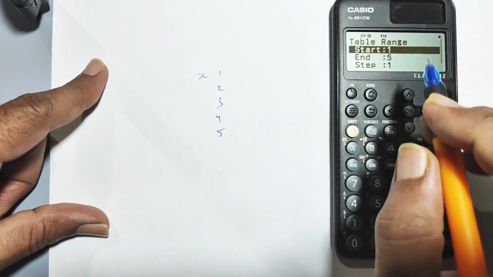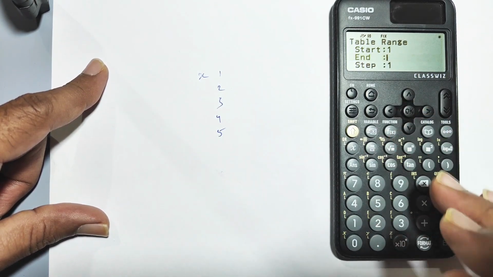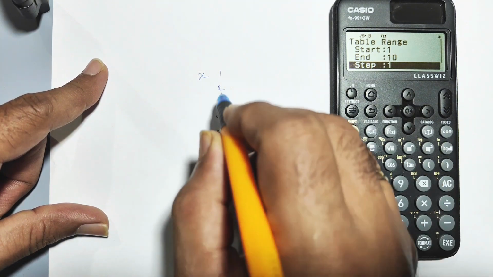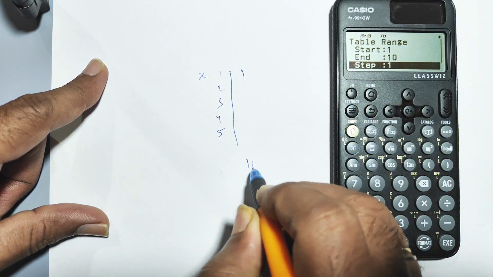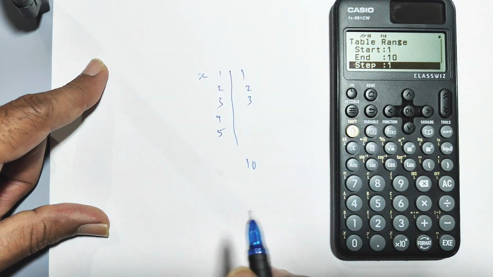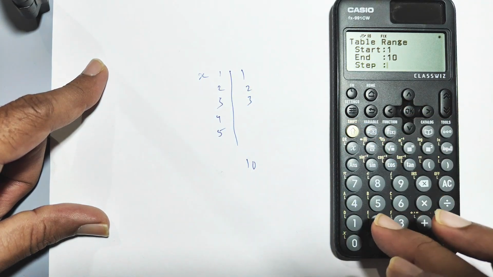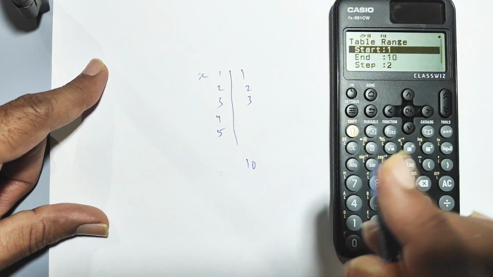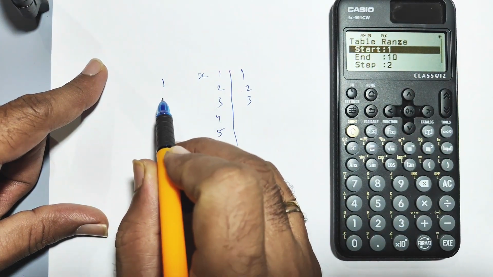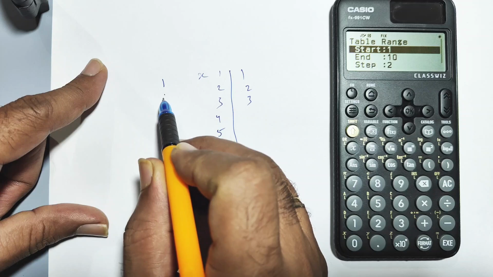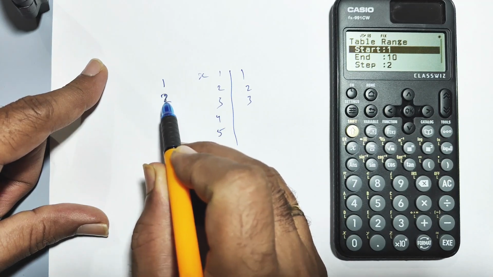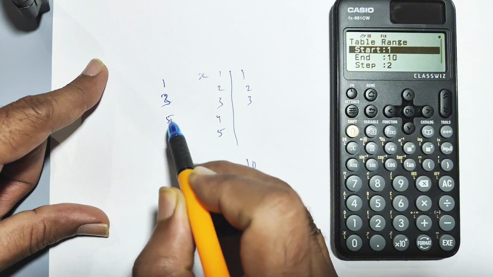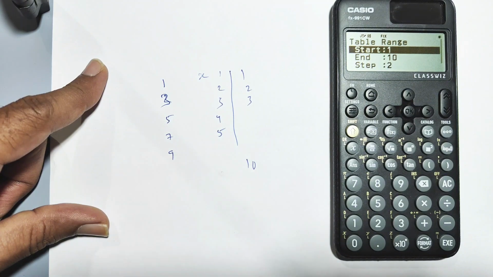If the starting value is 1 and the ending value is changed to 10, step is 1, then it will show 1 to 10, 1, 2, 3 and so on. If the step is selected as 2, then starting with 1, because step is 2, we have to add 2. So 1 plus 2, 3, 3 plus 2, 5, 7, 9.